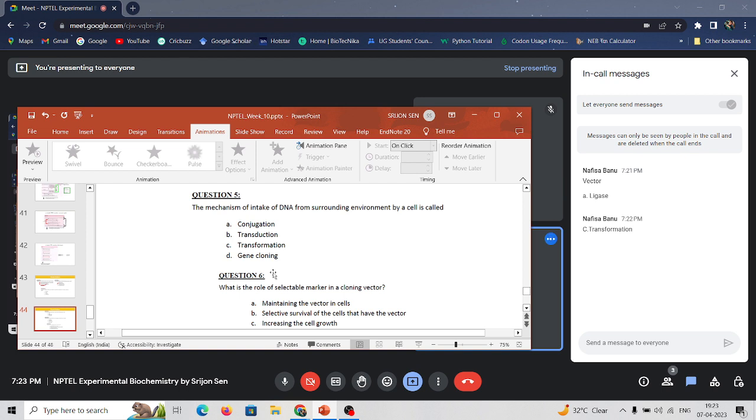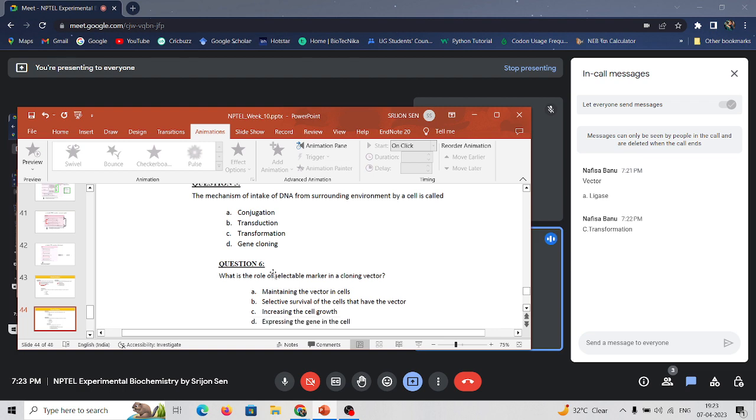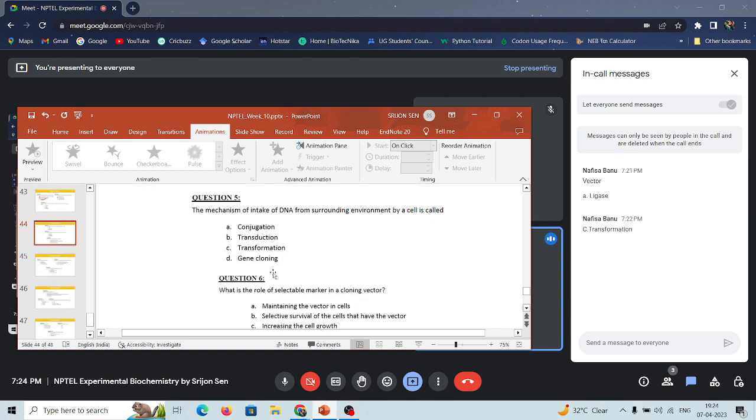And when the DNA is being transferred between bacteria through a tube-like structure, which we call the sex pilus, we call that conjugation. But when we take the DNA from the surrounding environment, it is called transformation. So 5C is correct. What is number 6?